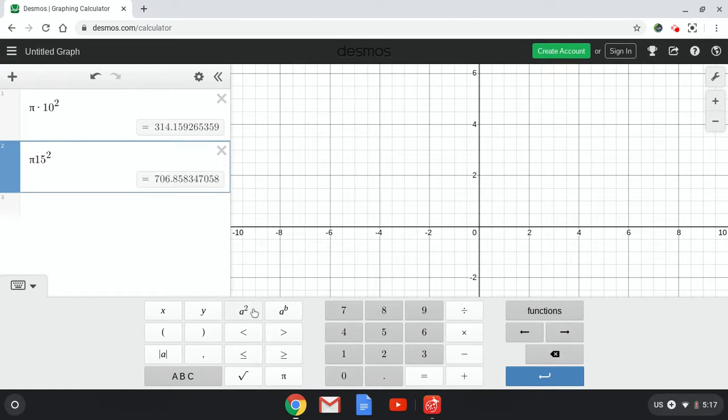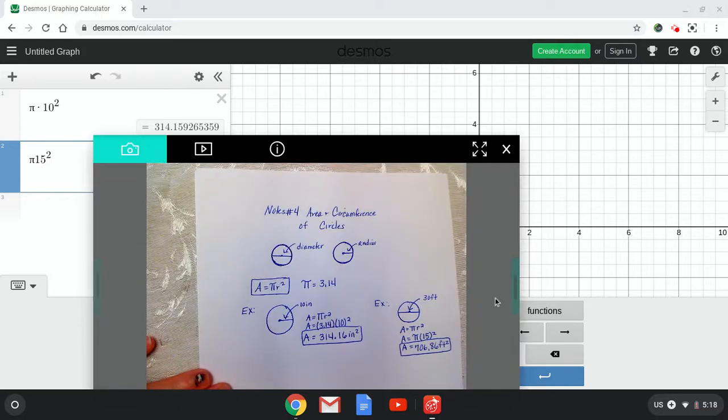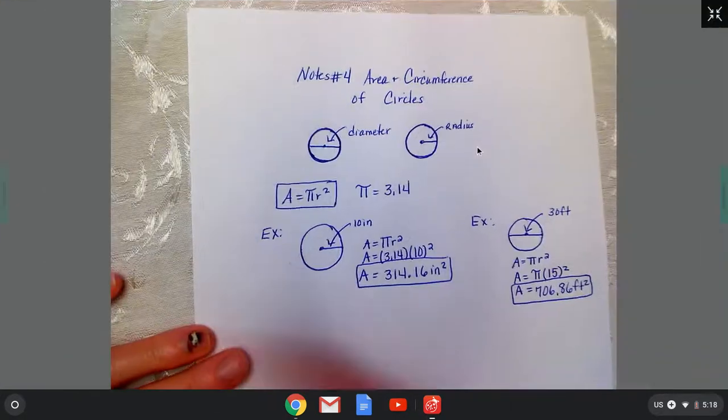And I've got 706.86 feet squared. A lot of times they'll tell you what they want you to round it to, but this time I just went to the hundredths place. So I have those two examples for area, and then we'll look at circumference.